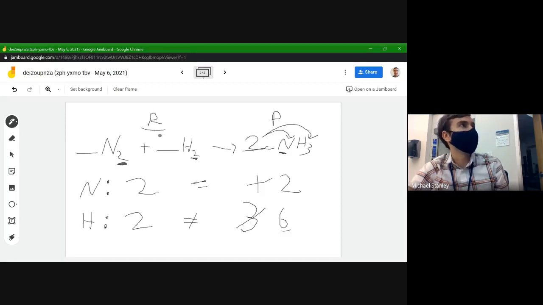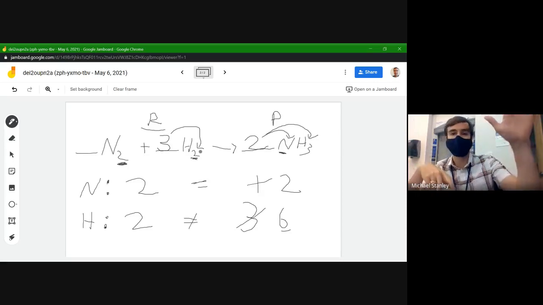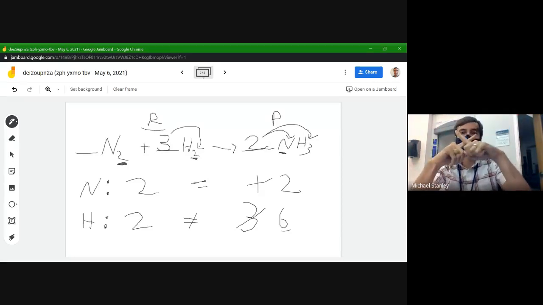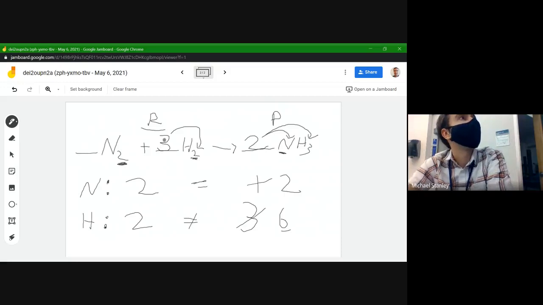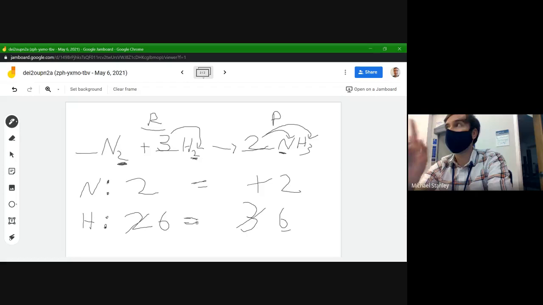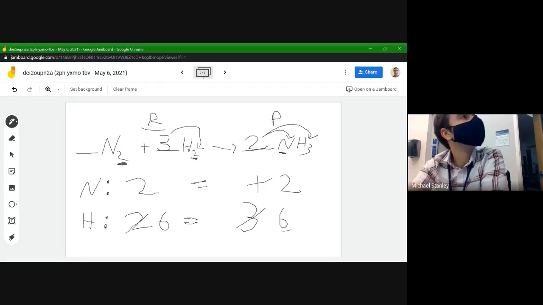And so if we make this coefficient a 3 right here, 3 times 2, because remember, coefficient and subscript means you multiply, 3 times 2 gives us not 2, but 6 hydrogens. So this is looking promising. I think we've just about balanced it, but let's double check and make sure.